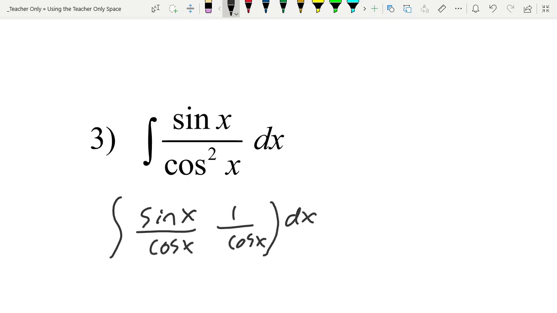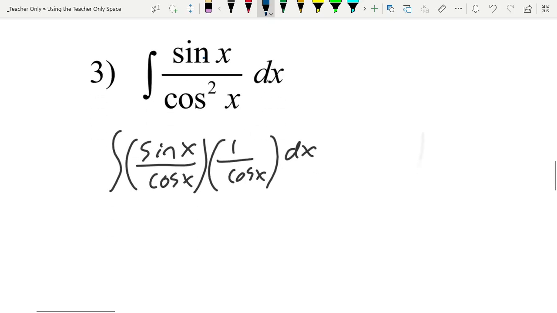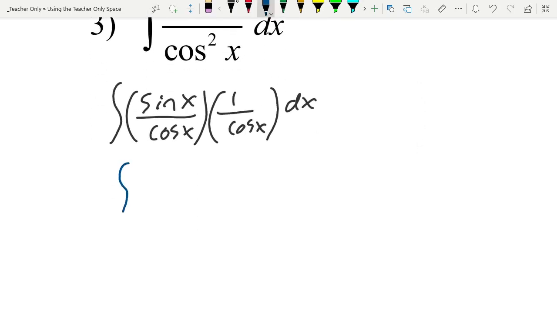I could have given you this problem before you learned u substitution, and you would have had to look at it like this. You'd have to look and say, well, this is the same thing as sine over cosine times 1 over cosine, right? Because it's cosine squared in the denominator. And then we'd say, okay, sine over cosine is the same thing as tangent, and 1 over cosine is the same thing as secant.